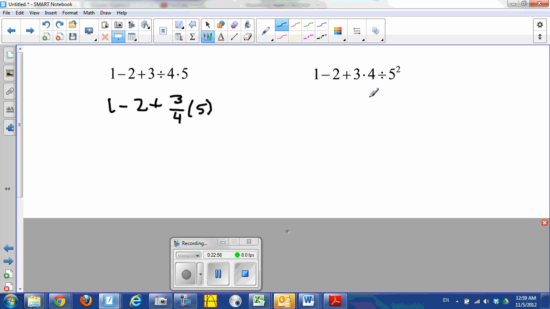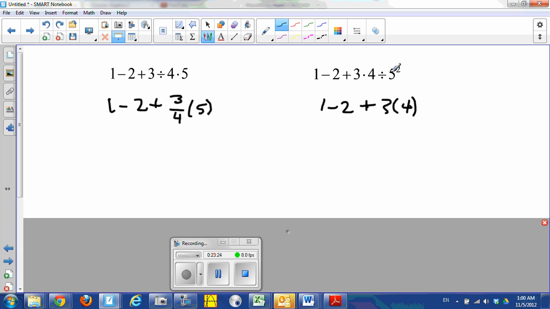Now this expression, if we wrote it the way it would look in algebra, 1 minus 2 plus, now 3 times 4 would take place. Let's see, 3 times 4. That would take place. Oh, and then, well, 5 squared, we're dividing 4 by 5.